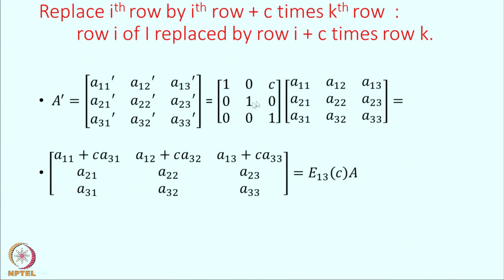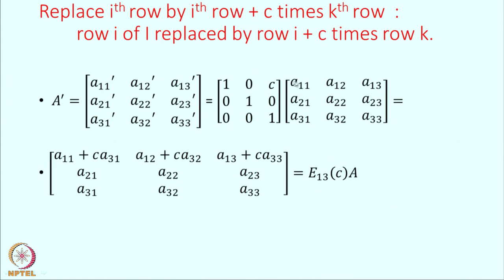With such a matrix I am multiplying my original matrix A11, A12, A13. What will happen when I multiply? This is my result. What is my matrix multiplication? The first term will be the first row of this matrix multiplying the first column of this matrix. That is 1 into A11 plus 0 into A21 plus C into A31. So, that is my first value of the product, A11 plus C times A31.